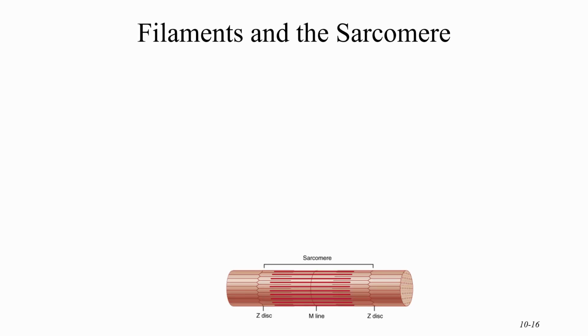Now looking at filaments and the sarcomere, and by the way, the sarcomere is your functional unit of the muscle cell, and it's going to go from Z disc to Z disc. Okay, so Z disc to Z disc, and I'll mention that a few times, so it must be important.